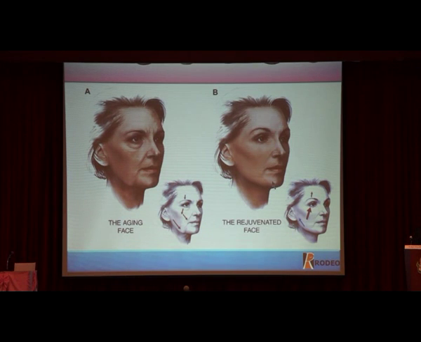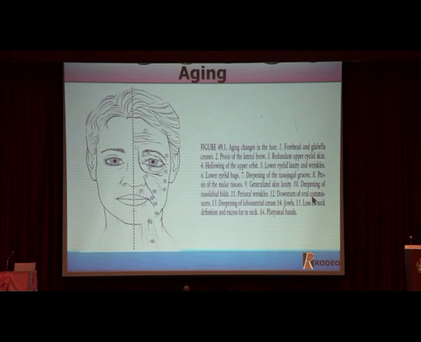Aging face treatment follows a vector. The aging face has a downward vector, and treatment is an upward vector: upward directional, oblique directional, and medial directional, the anti-aging vector. The patient says, what is my wrinkle?